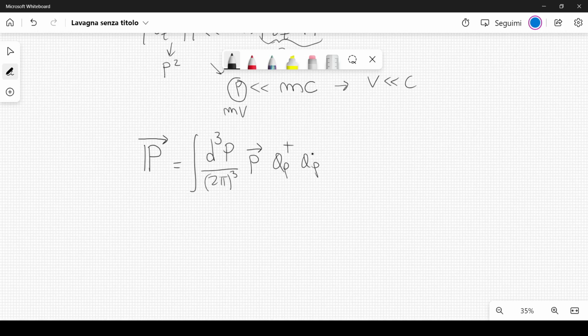Now, these ap and ap dagger are operators. So when I'm considering a classical theory, instead of the dagger, I would simply have the star to denote a complex conjugate operation. But this is the dagger, so in this case, I have to treat these as operators.